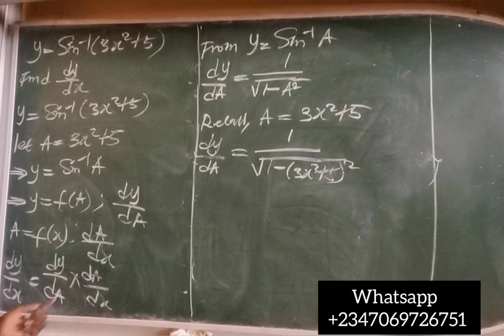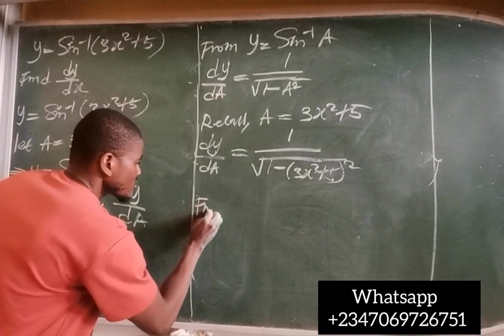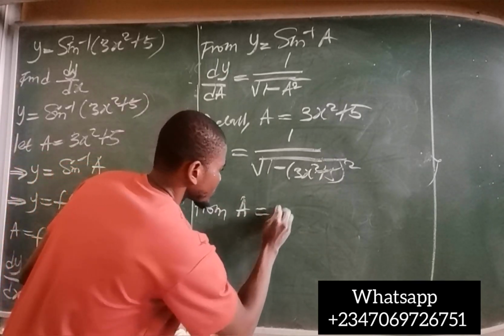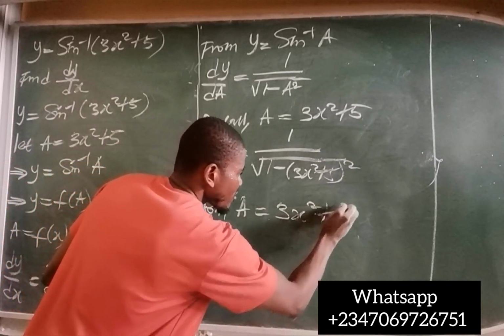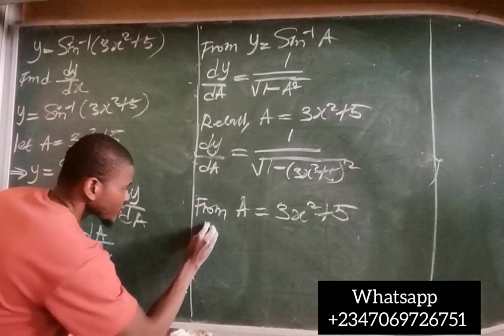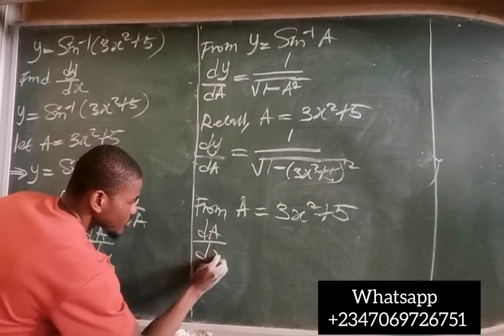Next up is to find da dx. From a, we said let a be simply 3x squared plus 5. From a equals 3x squared plus 5, we can now differentiate a with respect to x.